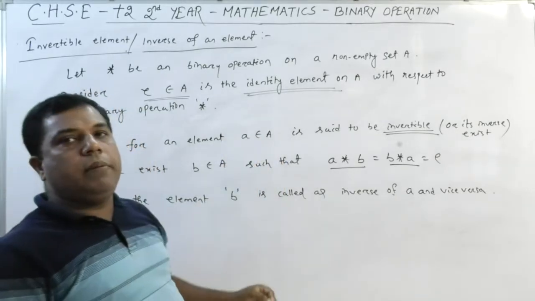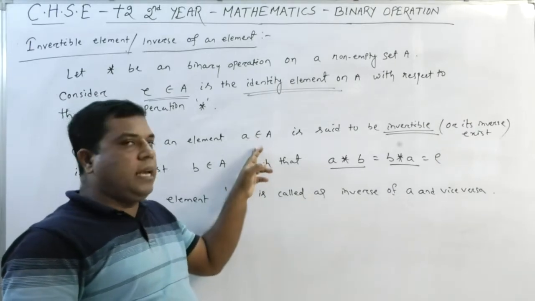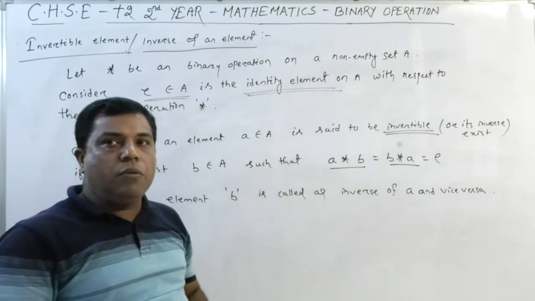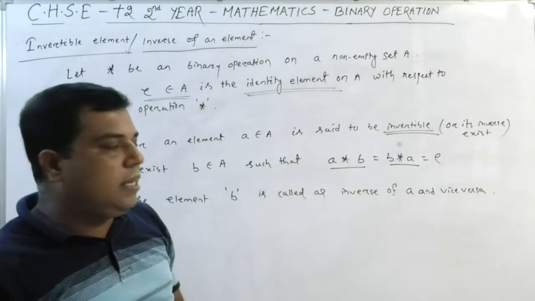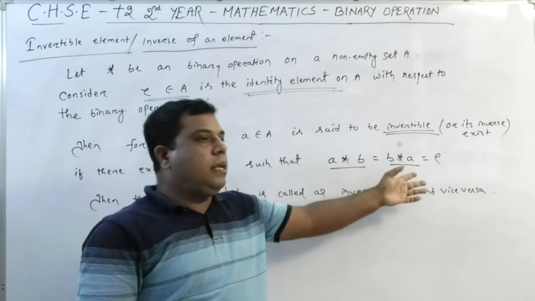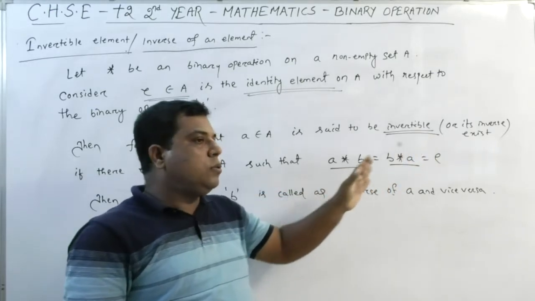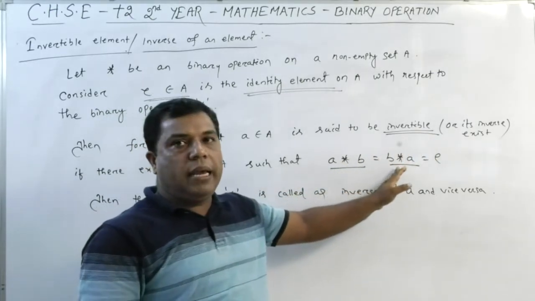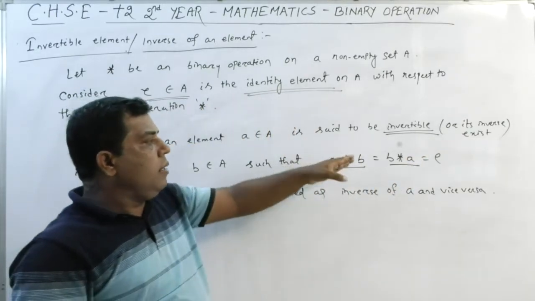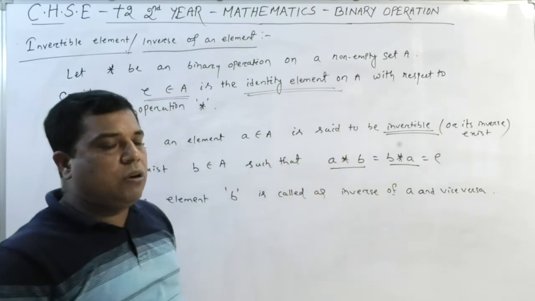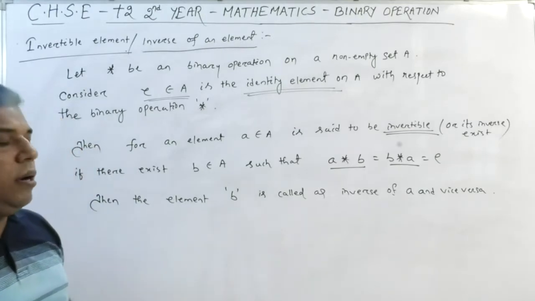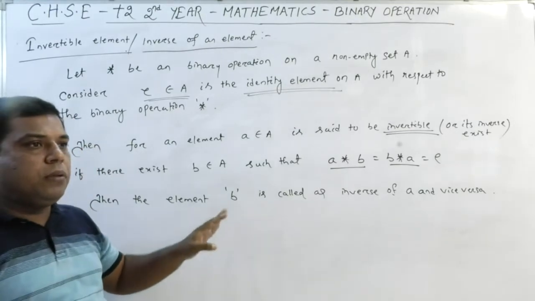Suppose an arbitrary element A is said to be invertible, or we can say its inverse exists, if A star B equals B star A equals E. Then that element B is called the inverse of A.